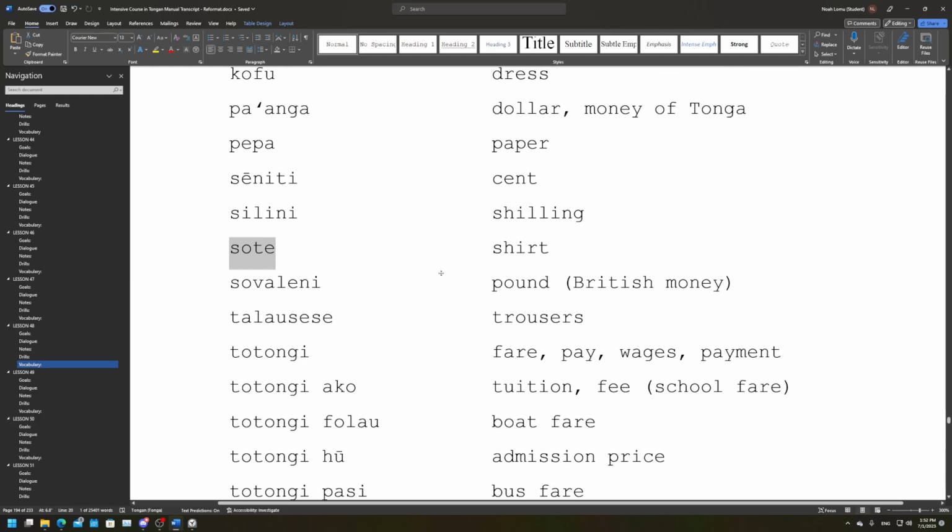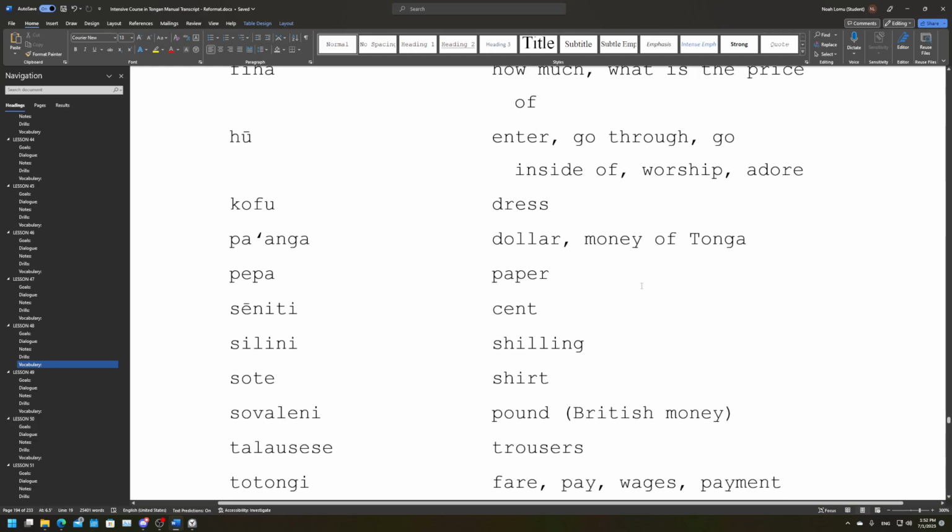One thing to mention about silini is people don't really use it in reference to 10 cents anymore. But people will often use silini to mean money in general. So my silini means give me money. Do they even have a word for money in general besides this?